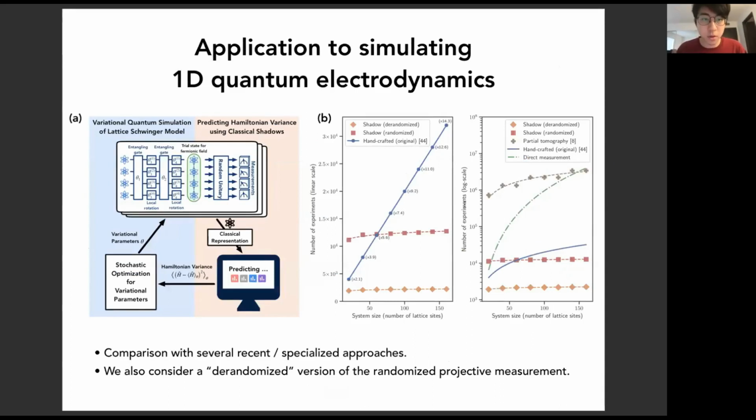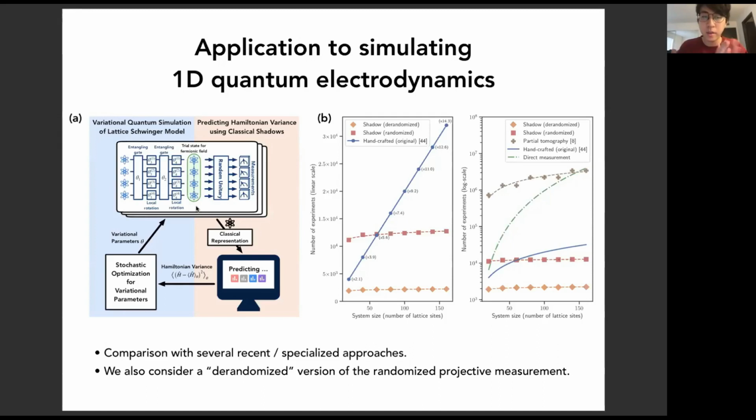And finally, we also consider another application for simulating one-dimensional quantum electrodynamics. This is a variational quantum simulation of the lattice Schwinger model, following the setting from the tutorial session. In this application, we consider some quantum simulator parameterized by parameters theta 1, and so on, such that every time you try to prepare a trial state for your fermionic field.